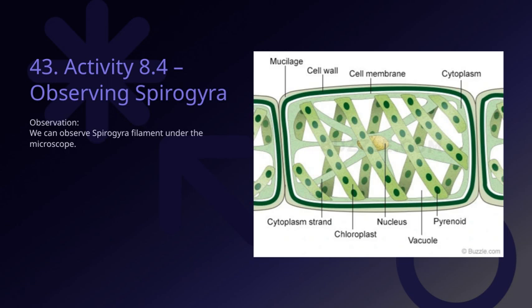Remember, this is a great example of how microscopic observation can reveal intricate details of plant-like organisms, connecting to our broader theme of understanding plant diversity and adaptations. So, take your time to observe the filament carefully and notice the key features we've discussed.